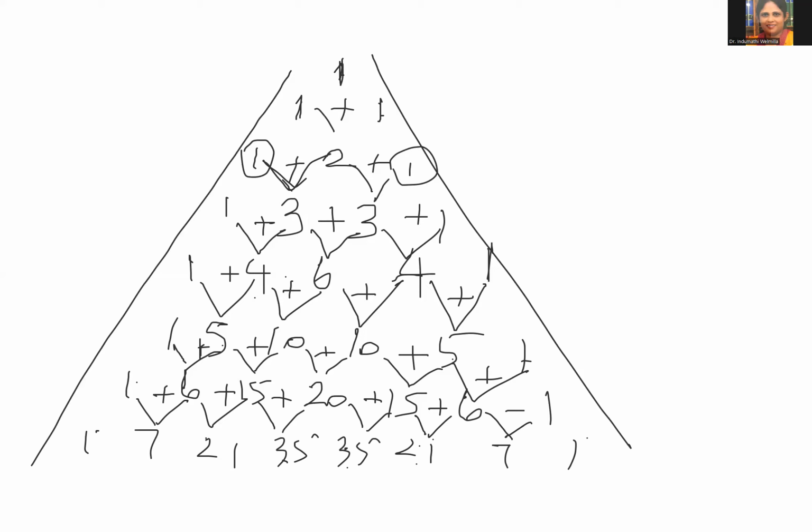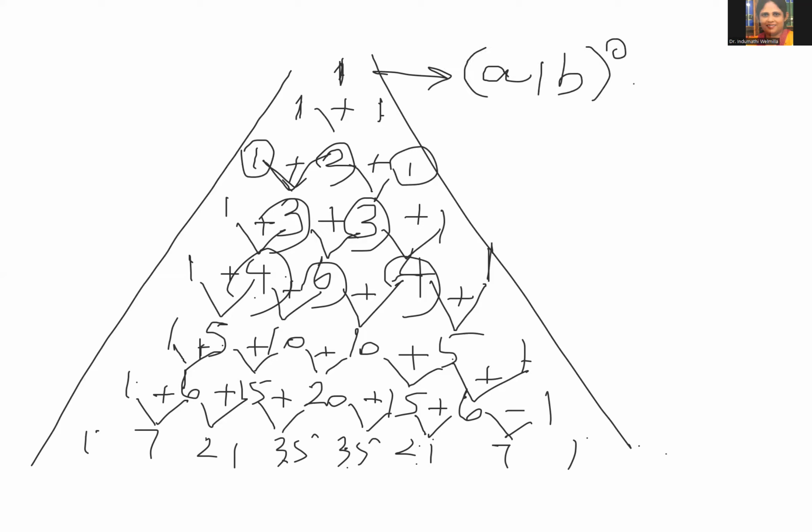The most important thing here is that you can apply these numbers when expanding. Let me explain. As an example, we can write a plus b to the power 0.